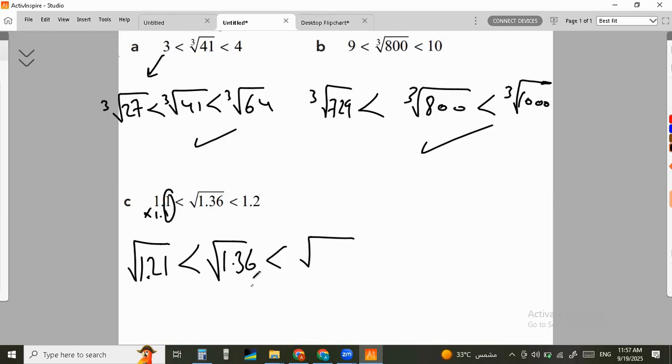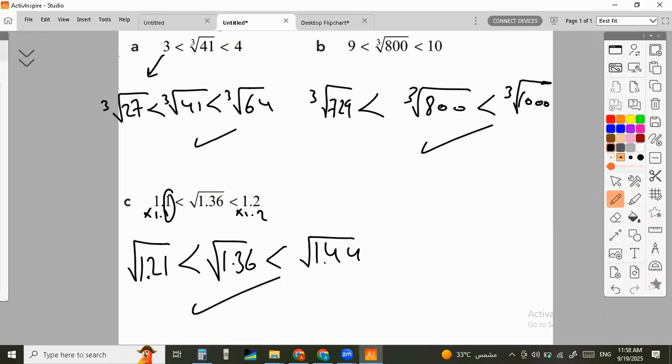So 1.21 here. 1.2 times 1.2 is 144, mister. 12 times 12, 144, and I have two decimal places as well. So it is 1.44. Yes, mister, the root of 1.36 is between the roots of 1.21 and 1.44.